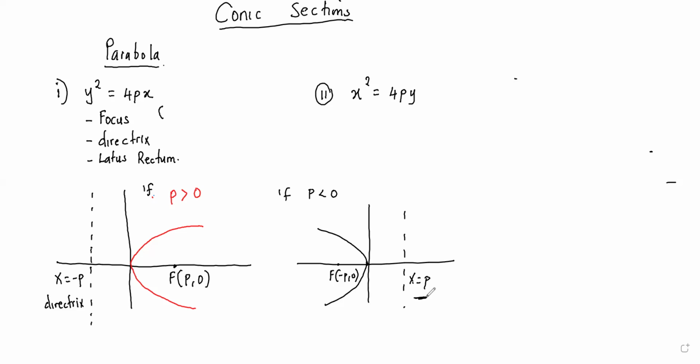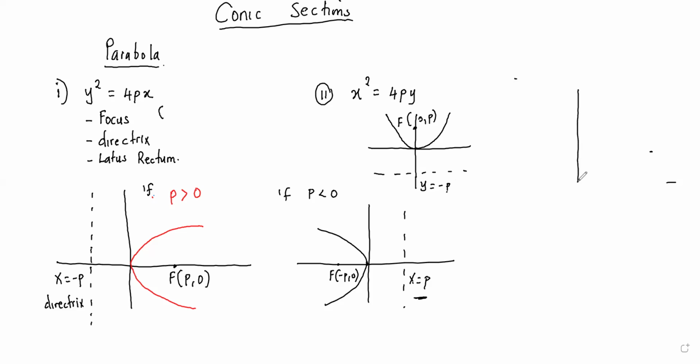And then the second case, if p is positive, then we're going to have it up here. The focus will be up here. So it will be 0 comma p. And then down there will be the directrix, y is equal to negative p.